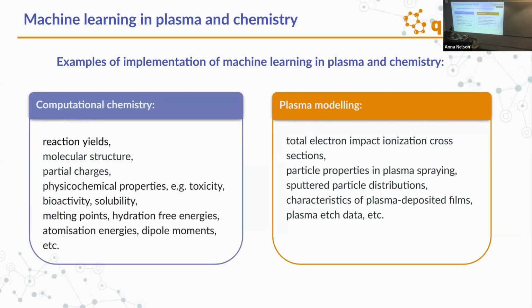And in plasma modeling, machine learning has been used for prediction of total electron ionization cross sections, and apart from that, these algorithms were used to predict particle properties of plasma grains, sputtered particle distributions, characteristics of plasma deposited films, the plasma edge data, and so on.